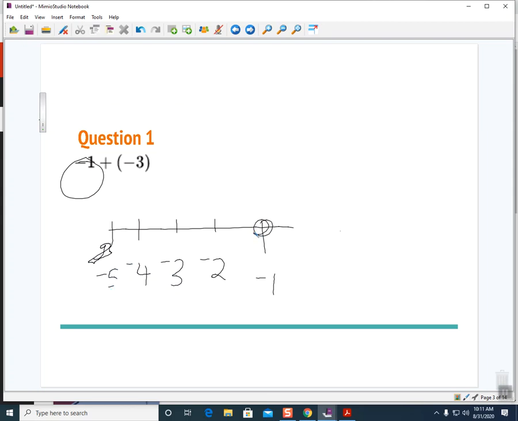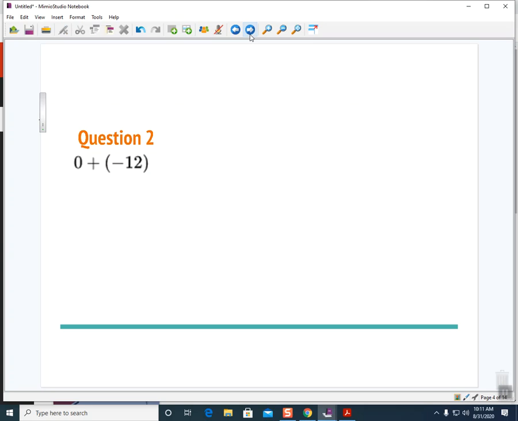Starting at -1, I'm adding another -3, which means that I'm going 3 more in this direction, which means that this equals -4. This is the same thing. I'm starting at 0, going 12 backwards, right? So I'm left with -12 for that one.